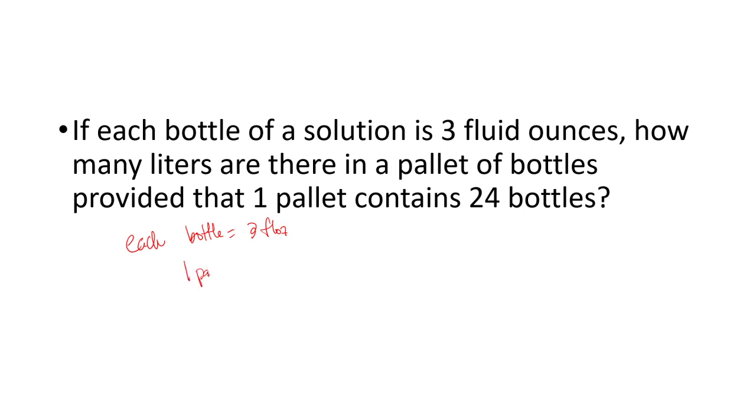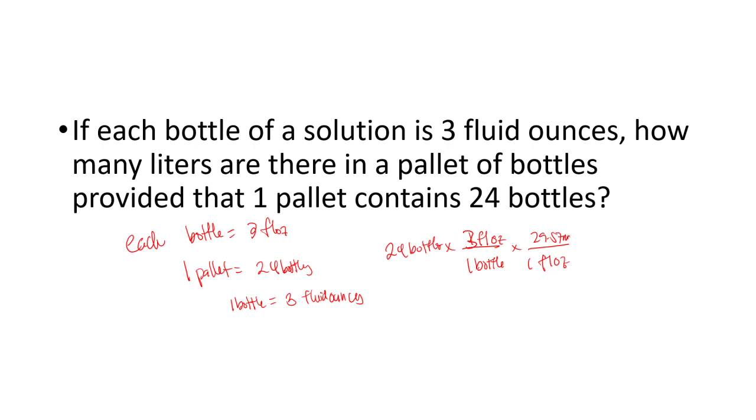Okay, so we have one pallet that is 24 bottles, and each bottle equals 3 fluid ounces, and 1 fluid ounce is 29.57 ml. So bottle, fluid ounce, fluid ounce. You have 24 times 3 times 29.57.